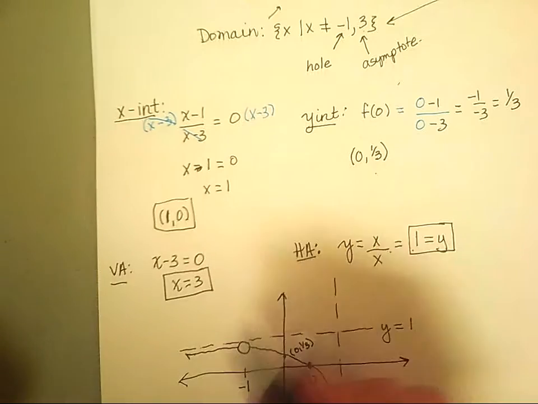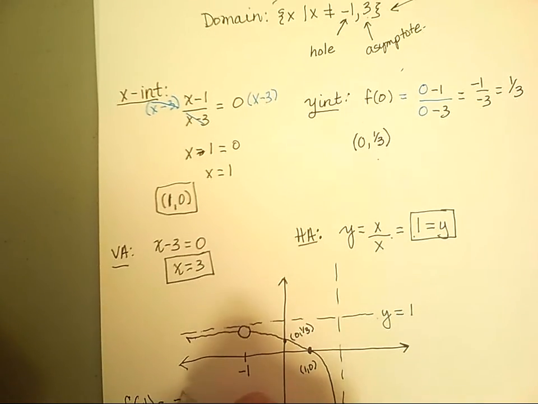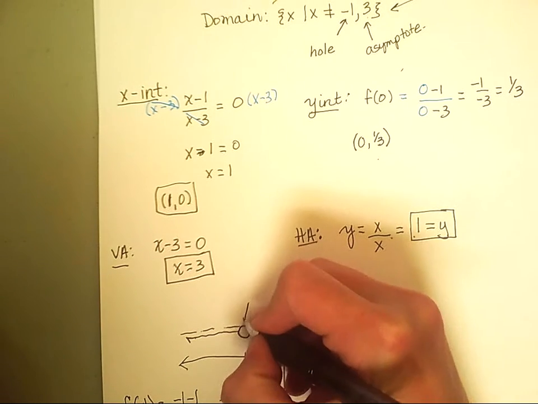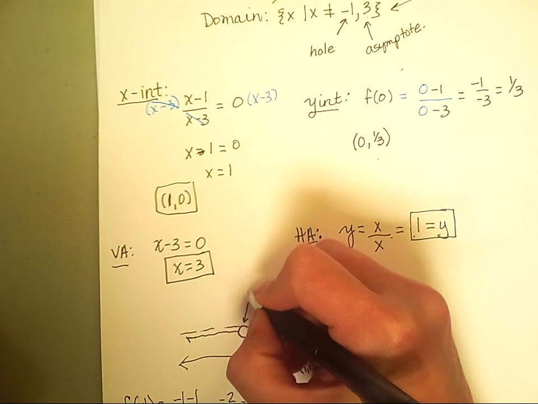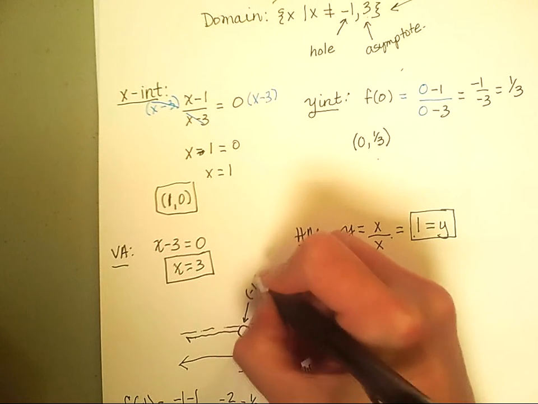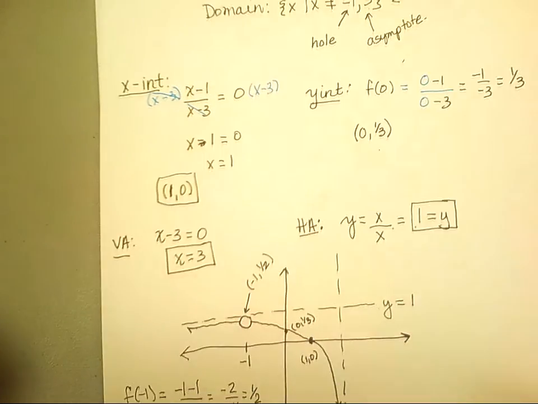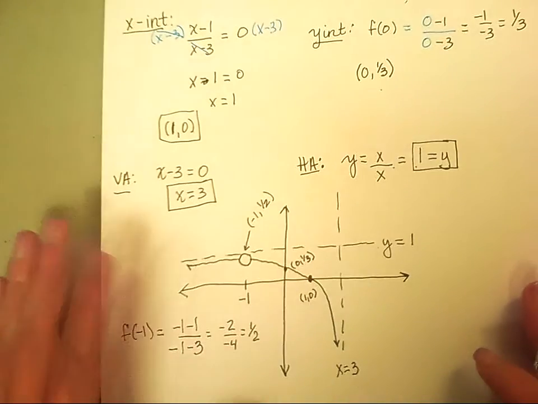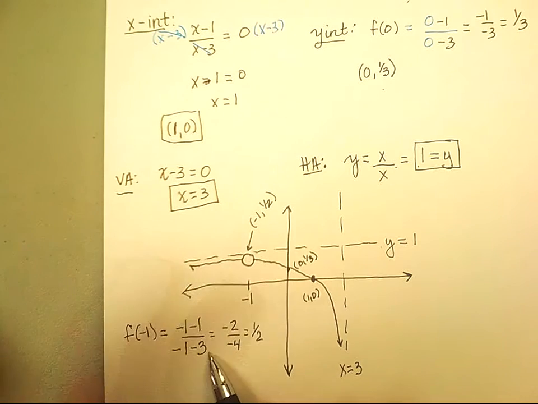So to do that, we're going to have to use this reduced function. Okay. So it'll be negative 1 minus 1 over negative 1 minus 3, which is negative 2 over negative 4, which is positive 1/2. Okay. So the coordinates of this hole are negative 1, 1/2. I found that by using the reduced function.